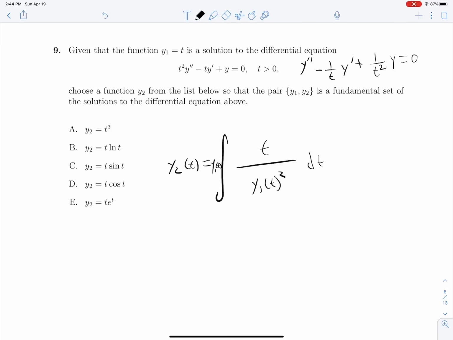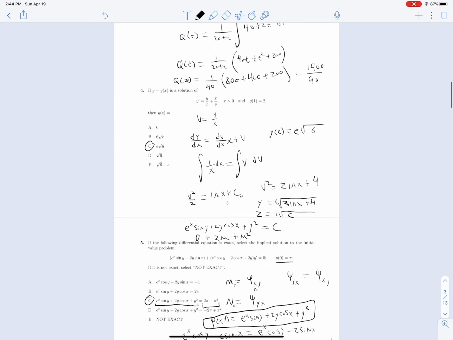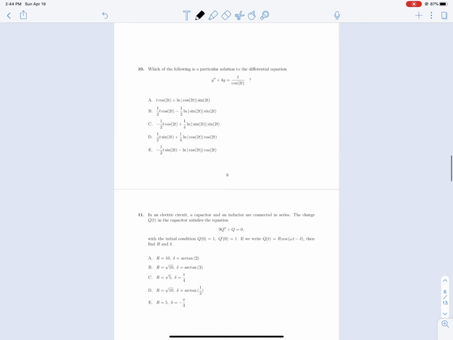This will simplify down to t, and our y1s we can just replace with t's. So in the end, this is 1 over t in here, and we get ln t as a result. So B is our solution for number 9.